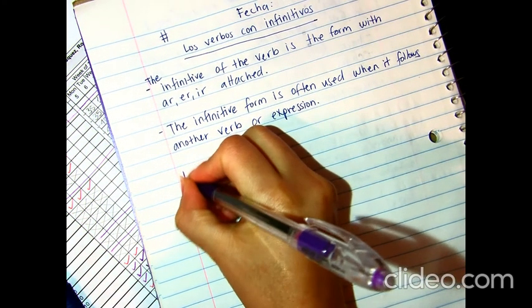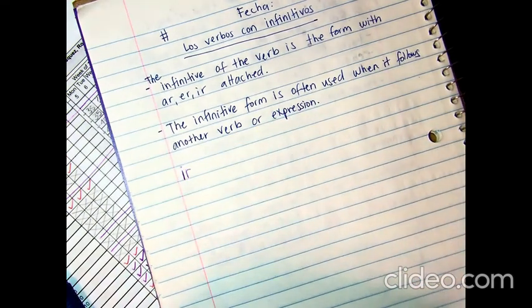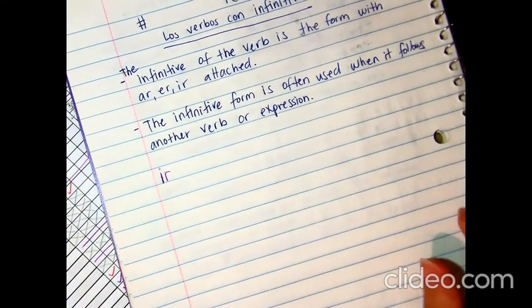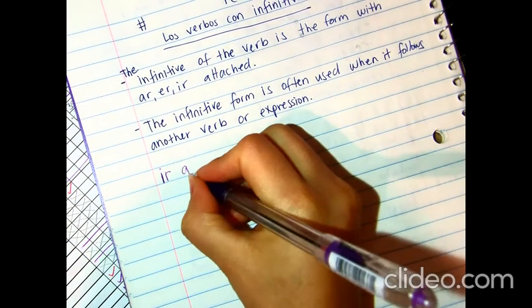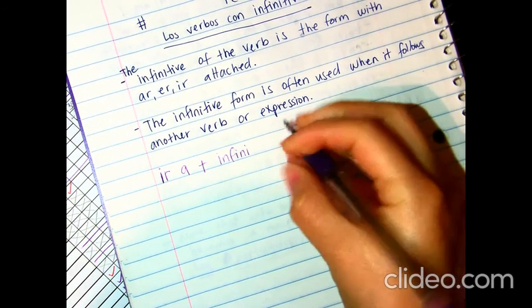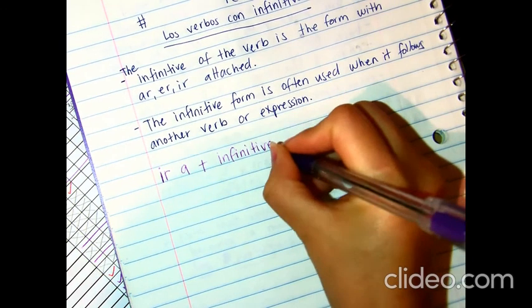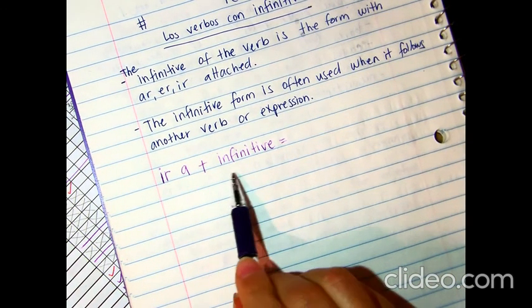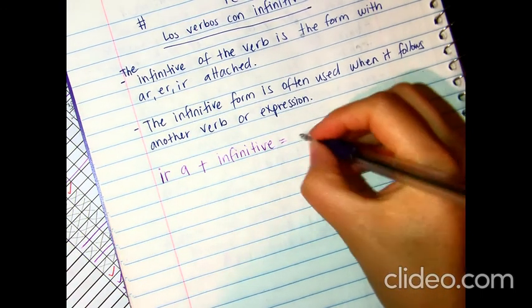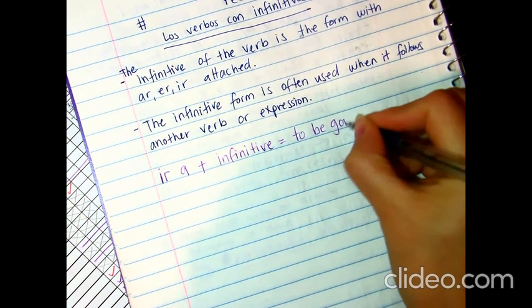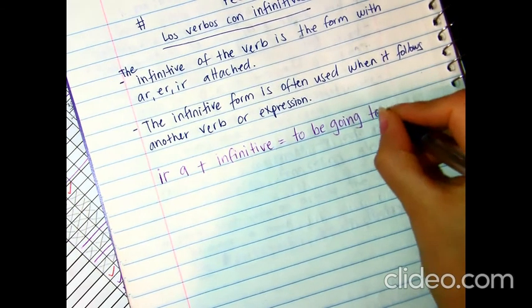The first one is the verb ir, not the ending ir, but the verb ir, which means to go. Ir a plus the infinitive. In English it means to be going to.